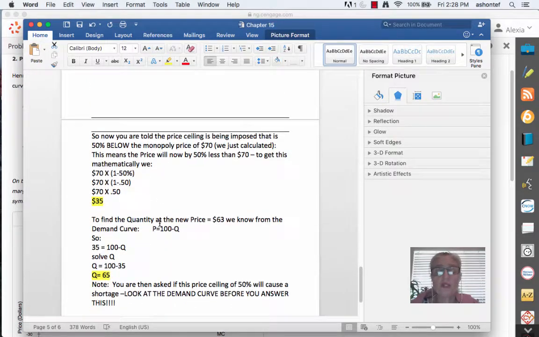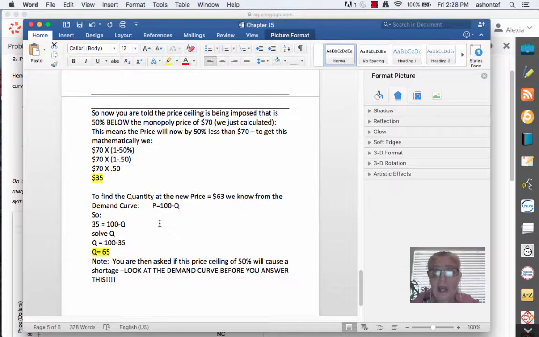The last part of this question is kind of the same thing, but this time you're told the monopoly price ceiling is going to be set at 50% below what was just calculated, going back to the original $70. So you'll do the same thing to figure out what the new price will be.